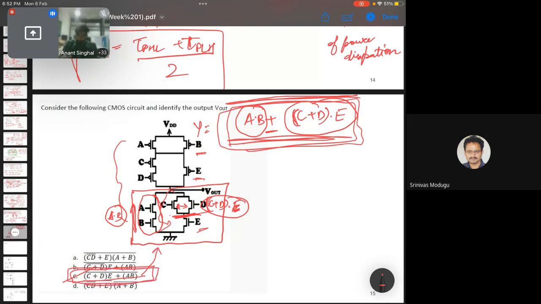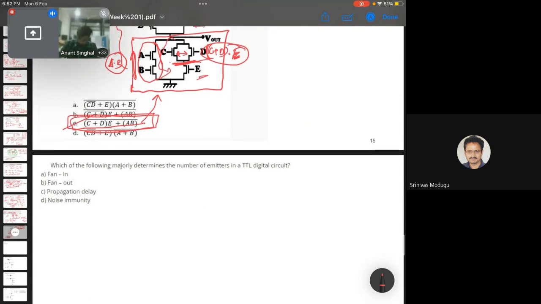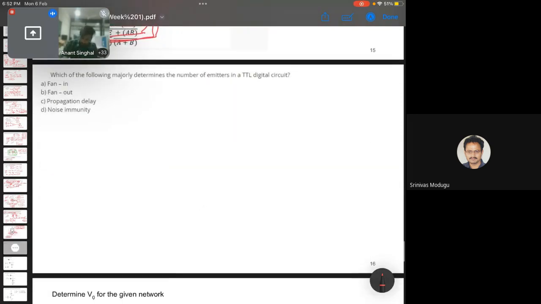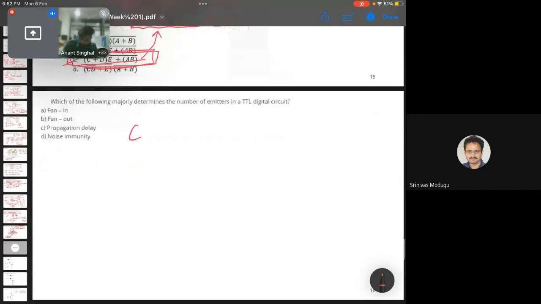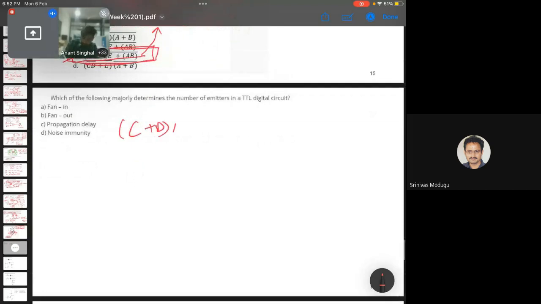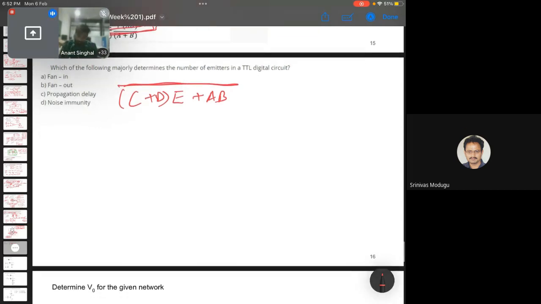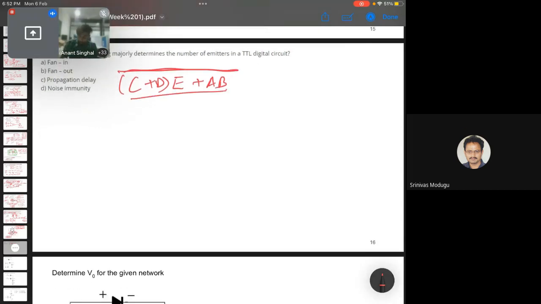Let's suppose we don't have this circuit now, and we only have this equation, which is (C plus D) into E plus AB, whole bar. Maybe you can get a circuit question like, if you need to implement this logic, how you can implement this using the CMOS logic. You need not worry about it. We know that plus means parallel and this dot means series. So we can proceed one by one.